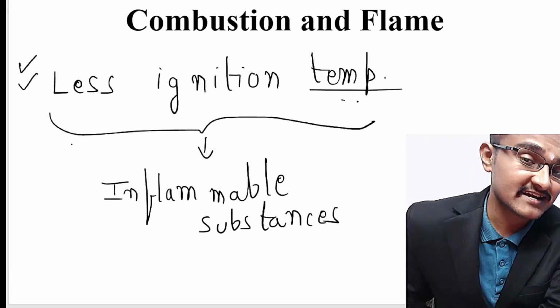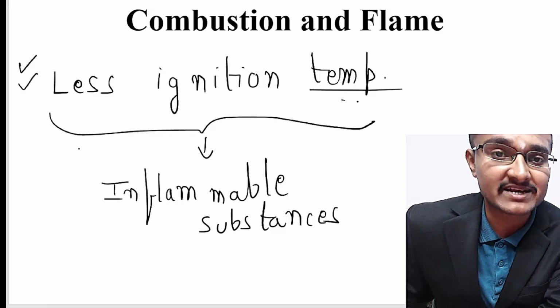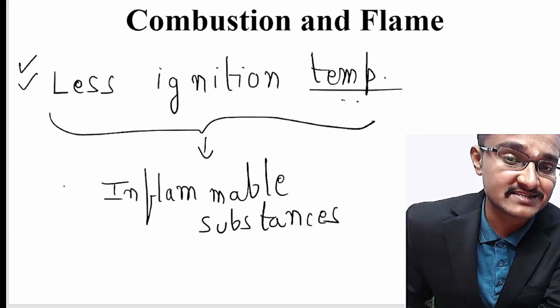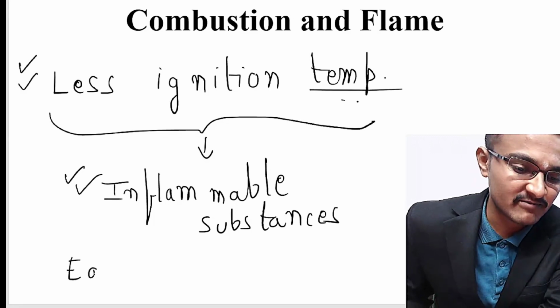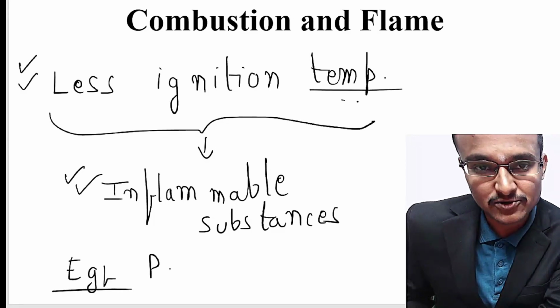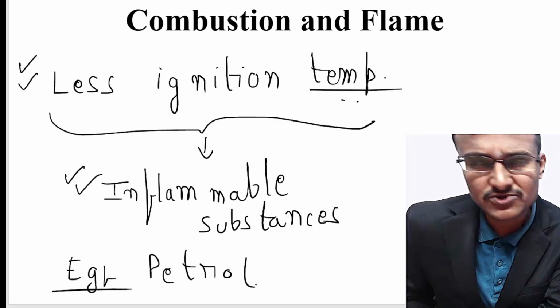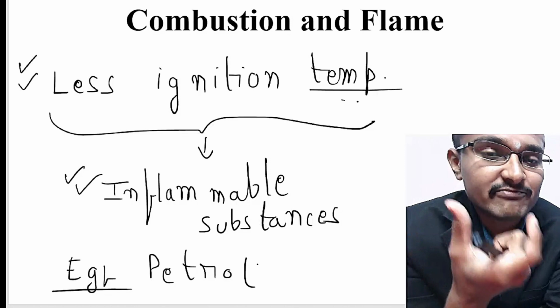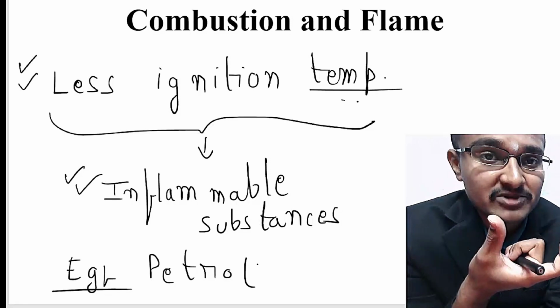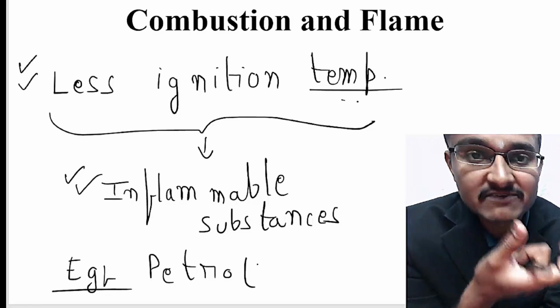So that's why these substances should be handled very carefully, and that's why they are known as inflammable substances. Examples of inflammable substances are petrol, diesel and kerosene. You can even give various other petroleum products as well, because these products have very less ignition temperature and should be handled very carefully.